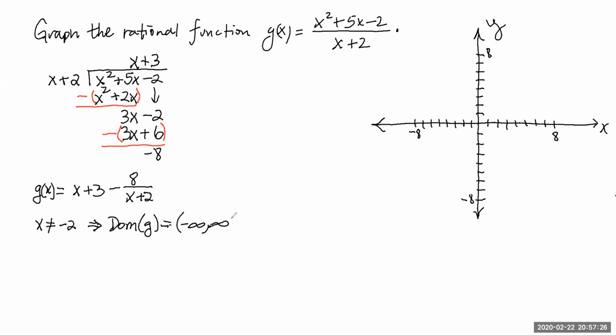Oops, that's not true. Let's try that again. Negative infinity up to negative 2, union negative 2 up to infinity. So we got the domain of g.